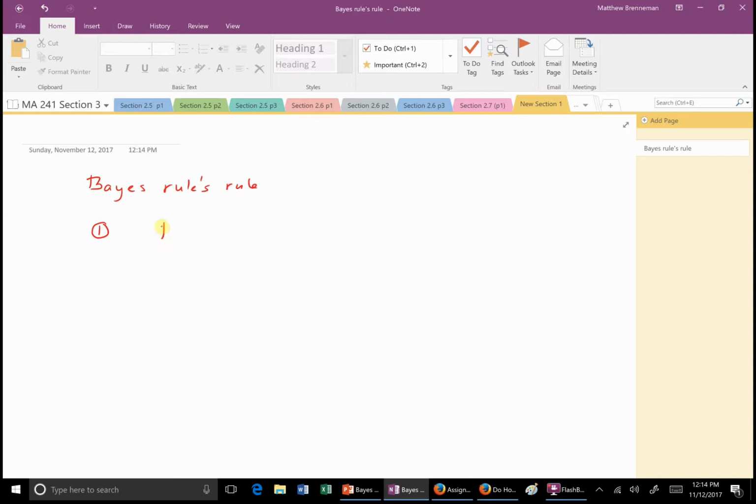And Bayes' rule says that the probability that the event A occurs, given that we already know B occurs, is equal to this following ratio. It's the probability that A and B both occur divided by the probability that B occurred. All right. And we talked about this in class, what this means as far as a Venn diagram. So there's a couple of kind of useful things to know about Bayes' rule.